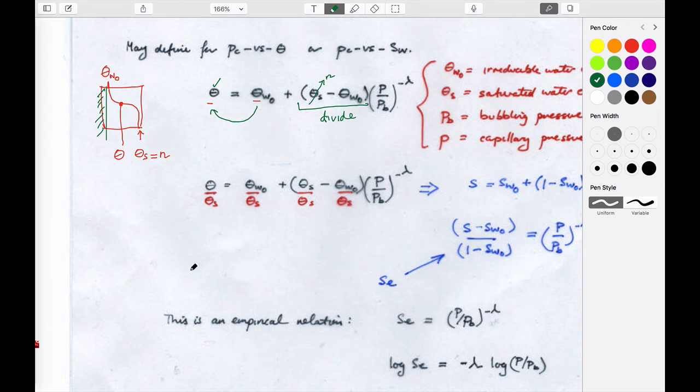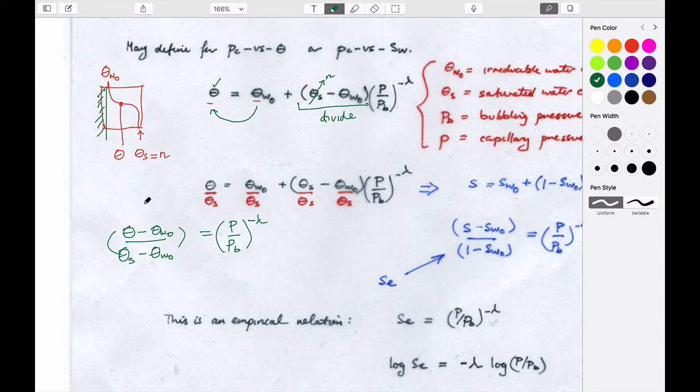And if we do that, then we get something like theta minus theta W0, dividing both sides by the saturated value minus the irreducible moisture content, is equal to the pressure we find ourselves at divided by the bubbling pressure, raised to a power. So this is just the equation of this red line here.